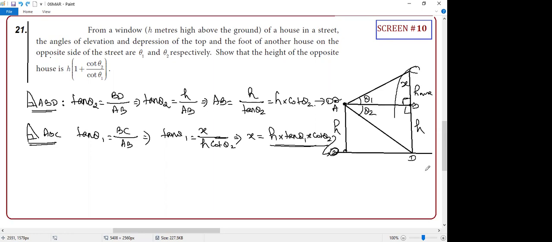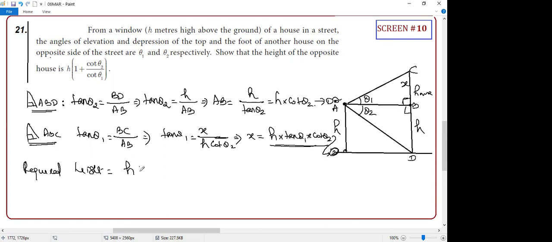Now you know the height of the opposite house. So the height of the house, you can say required height. Normally I use this way. Required height means whatever they ask in the question, that is your required height.